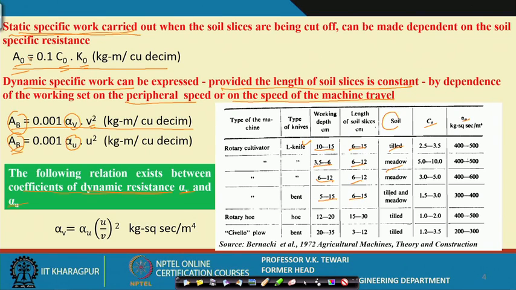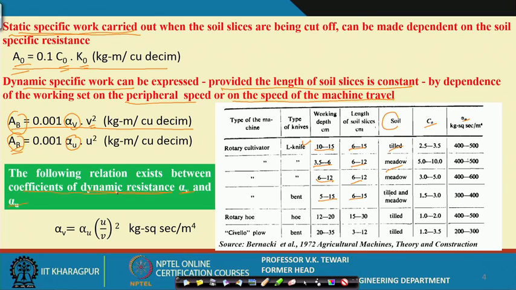So, once we get A 0, the static one, and A B, the dynamic one, we will be in a position to get the two details, and there is also a relationship between alpha V and alpha U. This relationship has been found out between the coefficients of dynamic resistance for the forward speed and for the rotation.